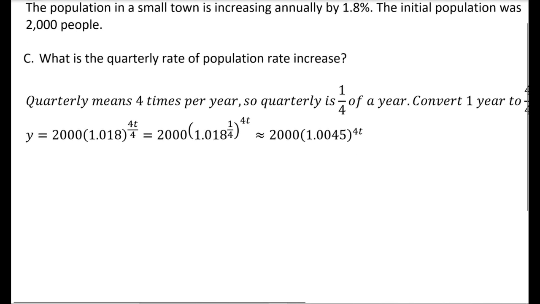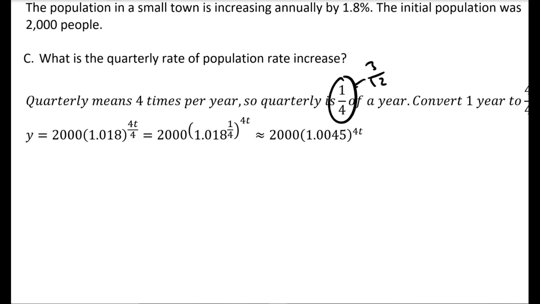All right, so if we're doing it 4 times in a year, that's really every 3 months. So you could also have used 3 out of 12, which is still going to be 1/4, right? 3 out of 12 months is still going to be 1/4. So you could also use that.